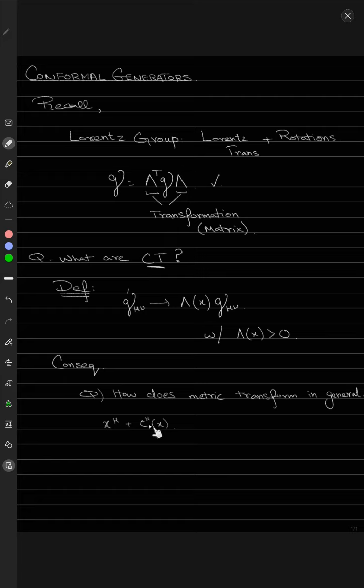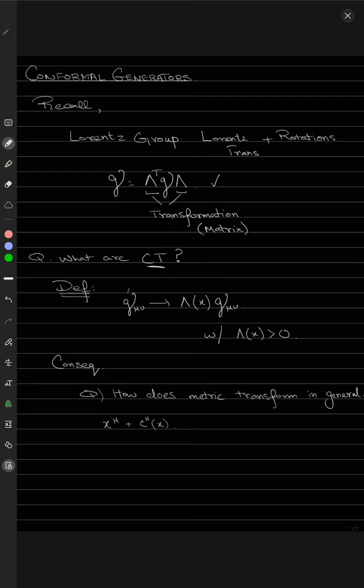So what that means is that this translation is dependent on the variable x, and hence it's just an arbitrary transformation, right?